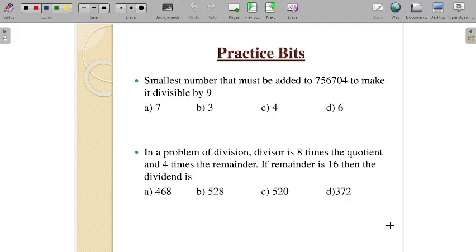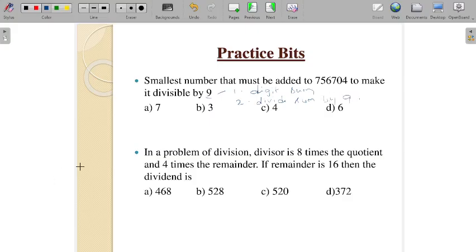Let's check. First question is, smallest number that must be added to 756704 to make it divisible by 9. See, first of all, for 9, what is the condition? First thing is digit sum. Second thing is to divide the sum by 9.